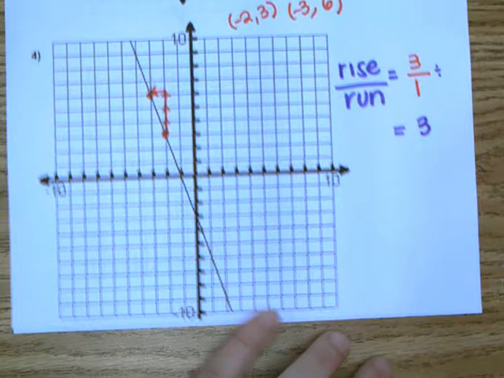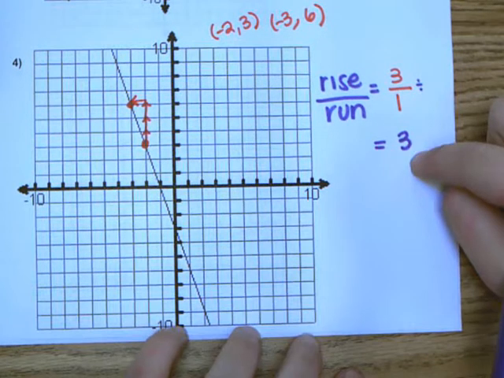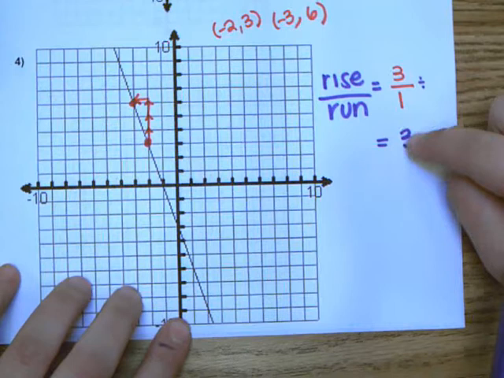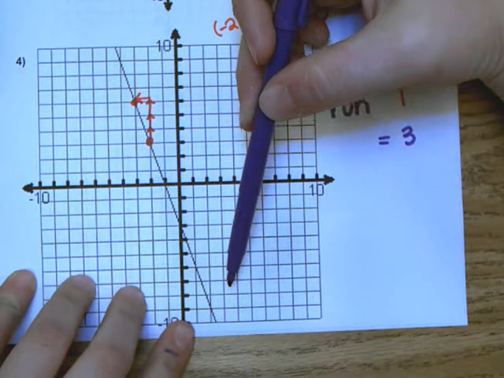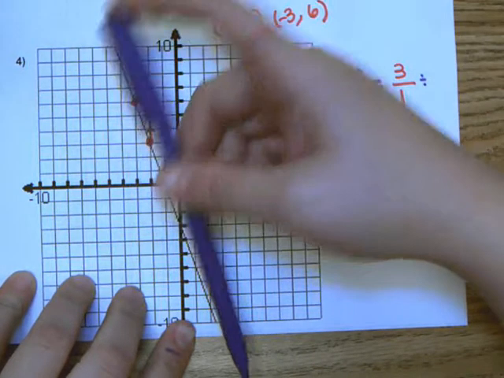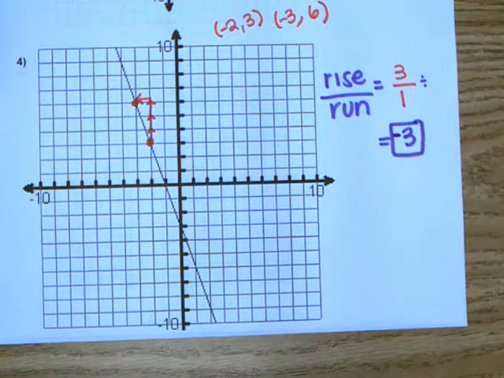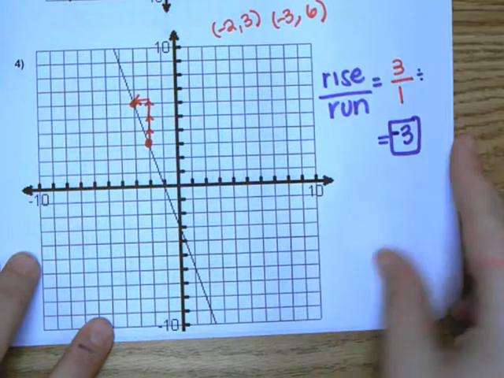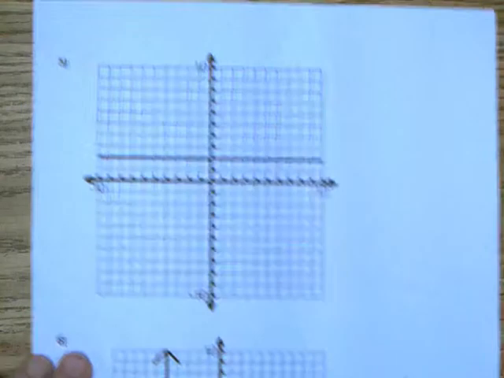And I need to run 1. 3 divided by 1 is 3. So remember, if it can equal an integer, instead of leaving it in a fraction form, write it as an integer. And then to tell if it's negative or positive, we have to go from the left to the right. So from the left to the right, we're going downhill. So our slope is -3.